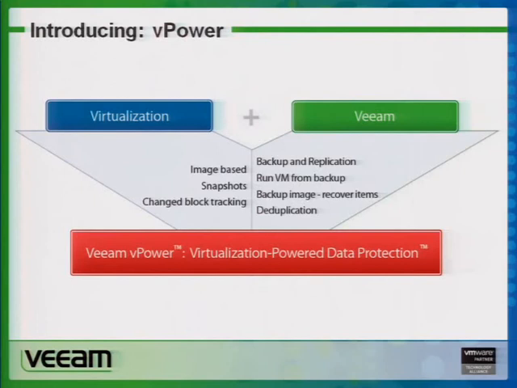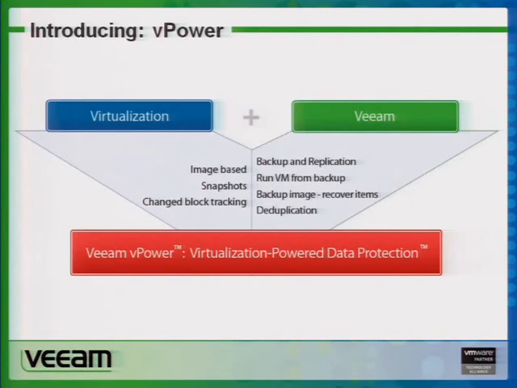So what Veeam is introducing is what we're calling vPower. And vPower stands for Virtualization Powered Data Protection, but it's also the underlying patent-pending technology that we've developed that allows you to run a virtual machine from a compressed dedupe backup file. With vPower, we take all the benefits of virtualization as well as all the benefits of Veeam and bring those together to really give you truly virtualization-powered data protection.